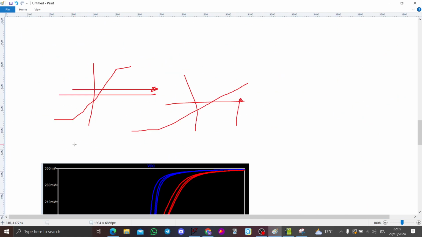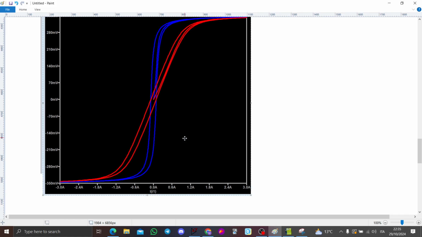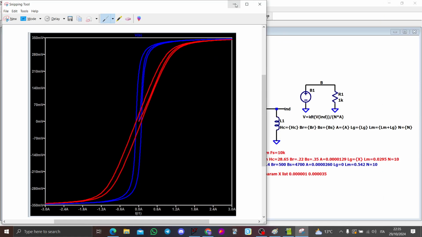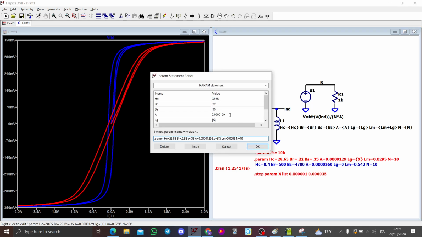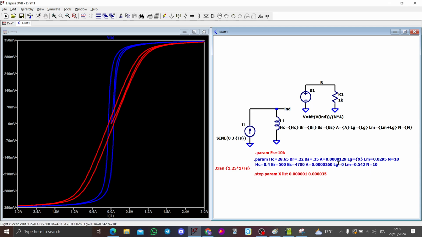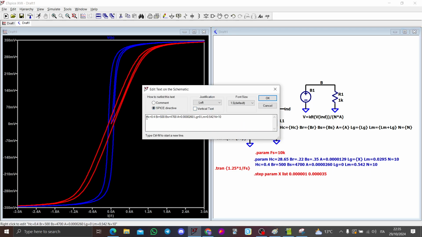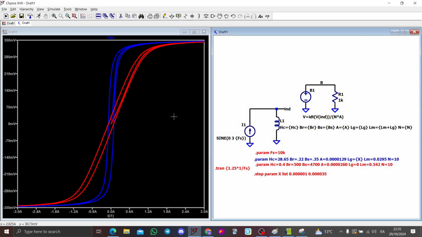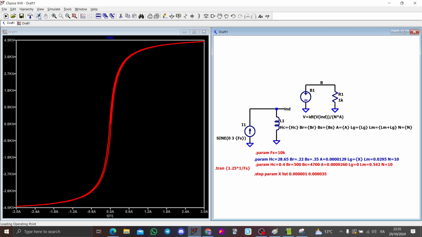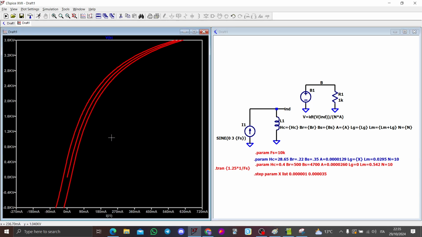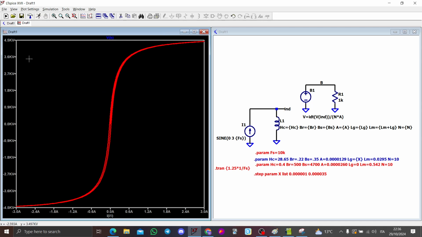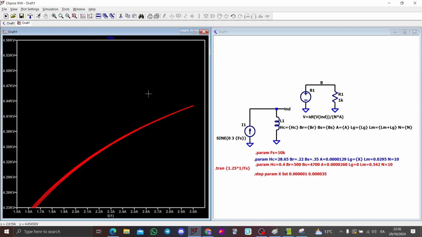Let's save this plot here. Okay. And now, let's comment this. And let's put the directive in here, .param here. Okay. Let's run. Oh, as you can see, this time we have a higher saturation.